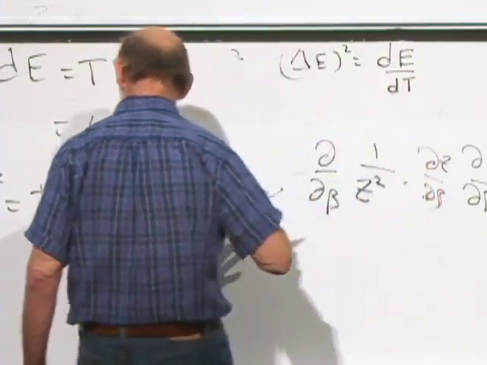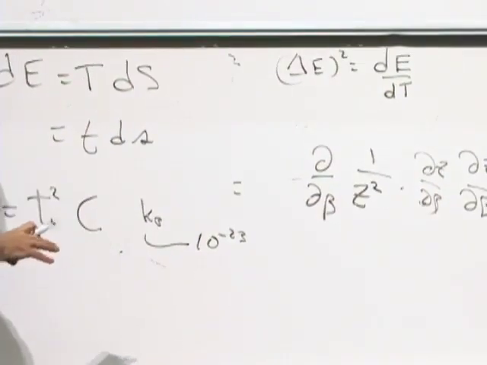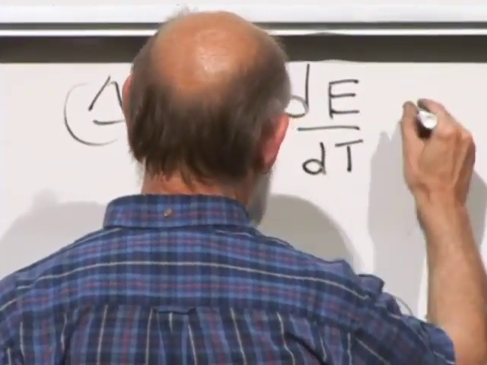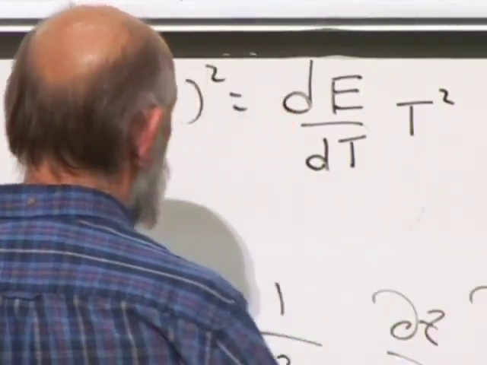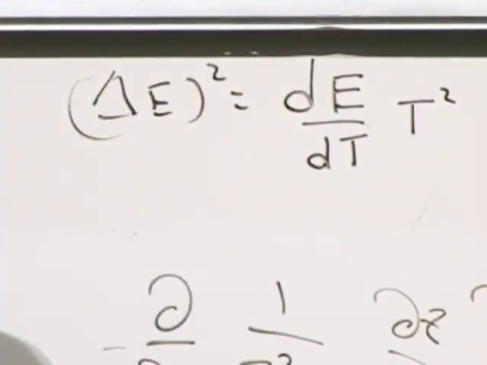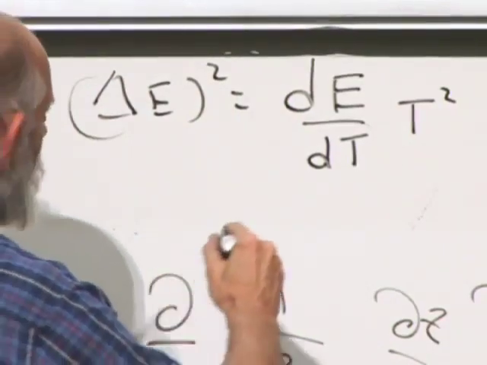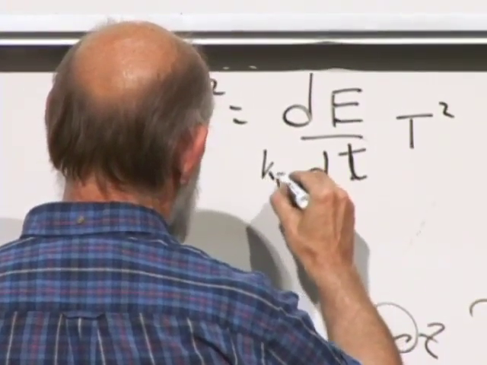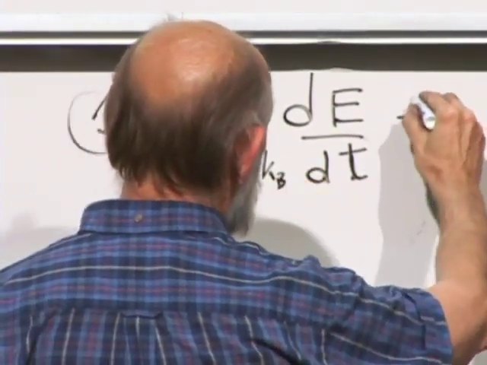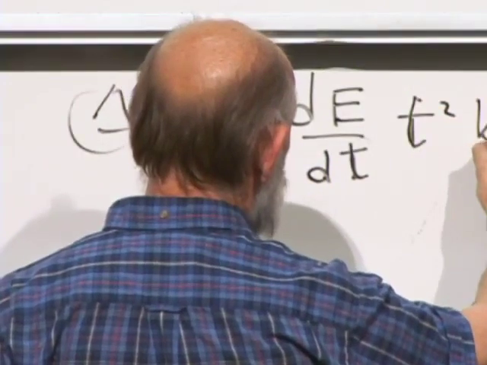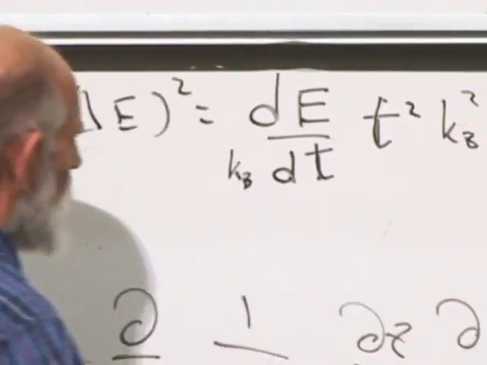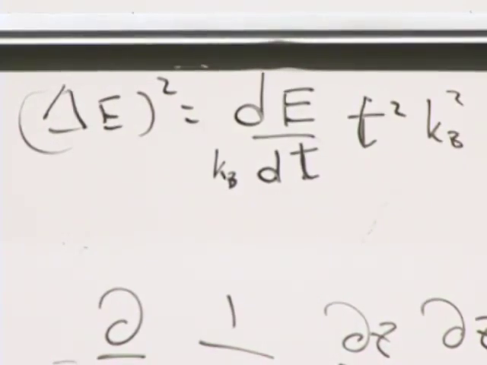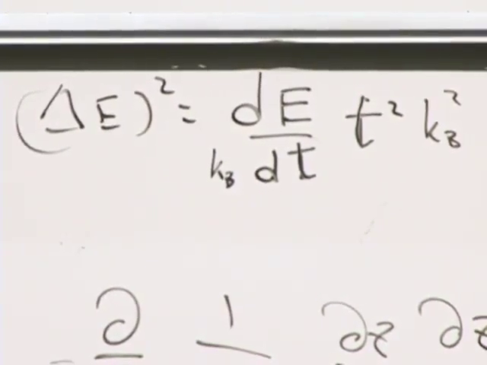The dE/dT, the other E squared is equal to the dE/dT times T squared, right? kB in the denominator is T. Yeah, let's put T here, and that would put a kB here, right? And then E squared would be T squared times kB squared, right? Yeah, you have the right thing, it's just that what you wrote C as equal to is the dE by the big T. Oh, you're right.